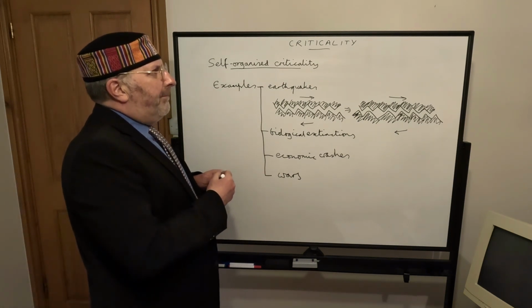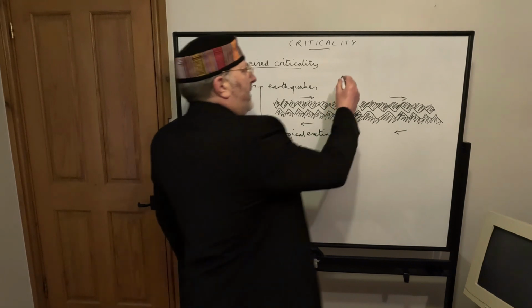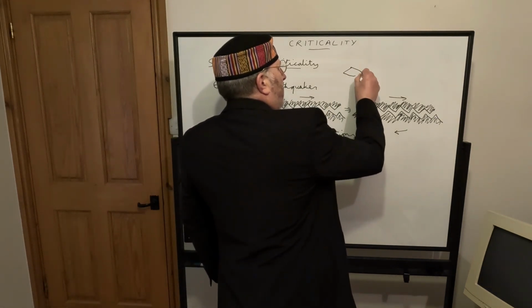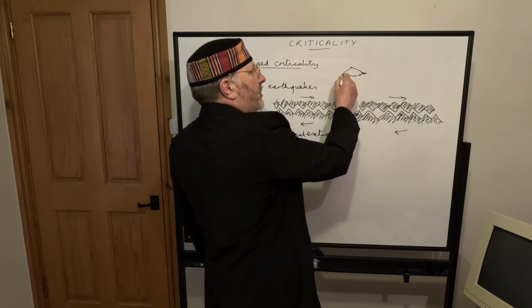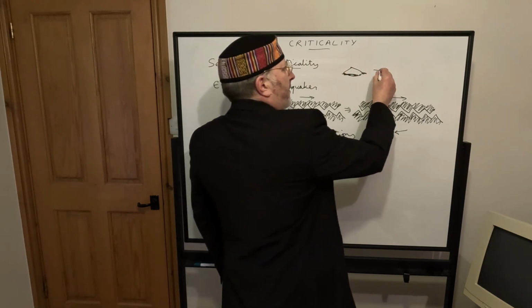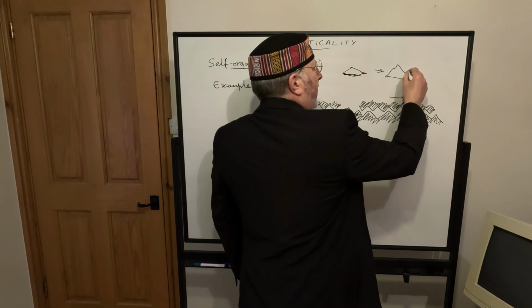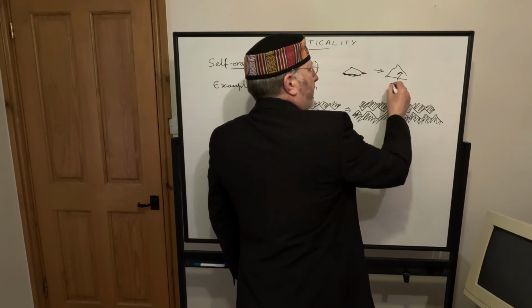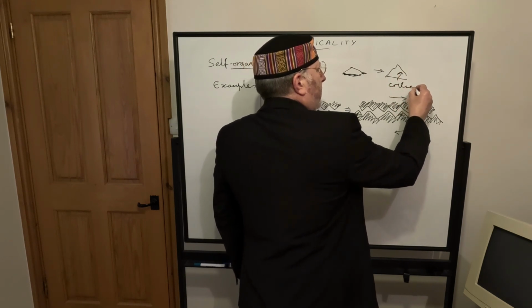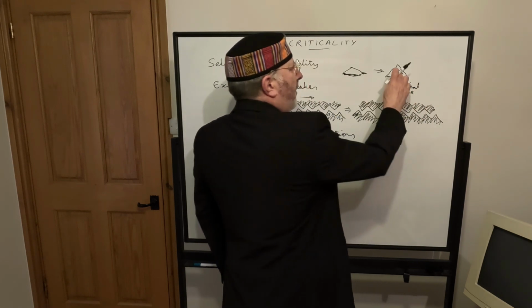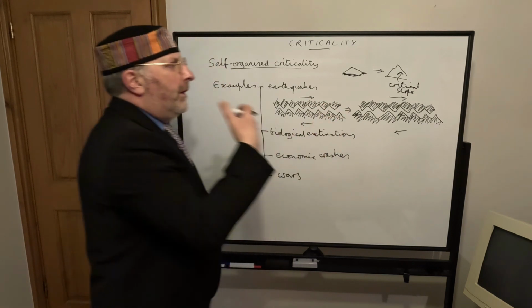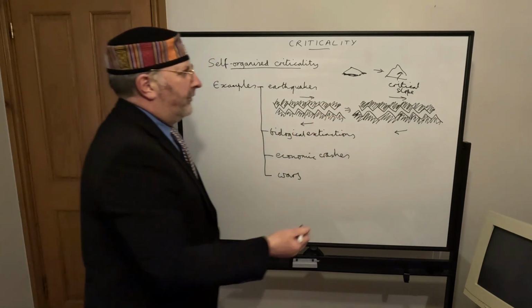So we saw with the sand pile that if you get rid of a lot of the sand and make it shallower, it will just evolve back to this critical state, the critical slope, where you can get these huge avalanches again.